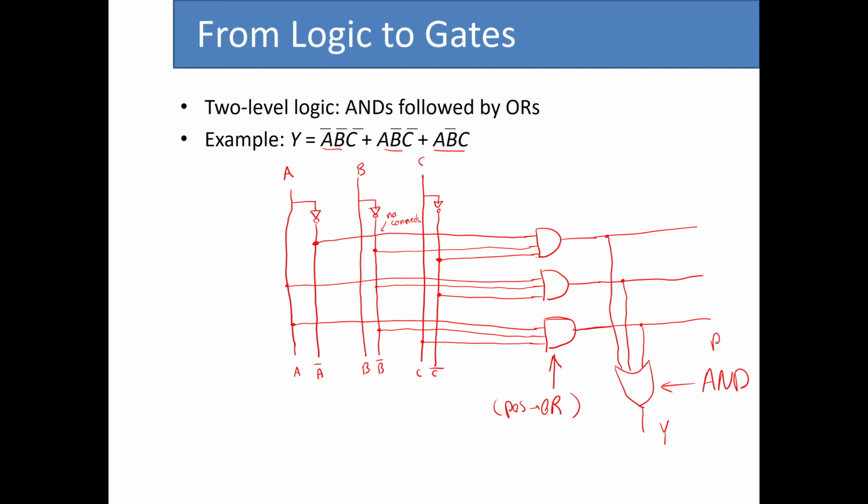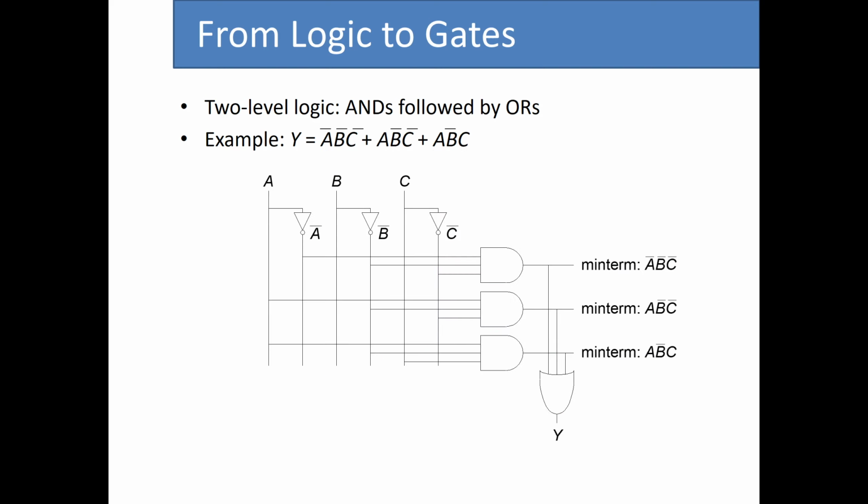But for sum of product, we have first AND gates, and then finally we have one OR gate at the end. And in this slide you will see the previous figure, but much nicer and more consistent. So this is what is called a two-level logic implementation of a Boolean equation.